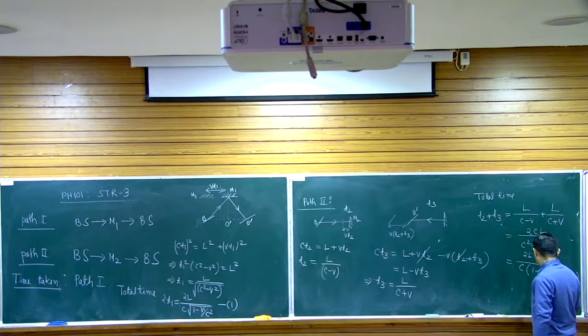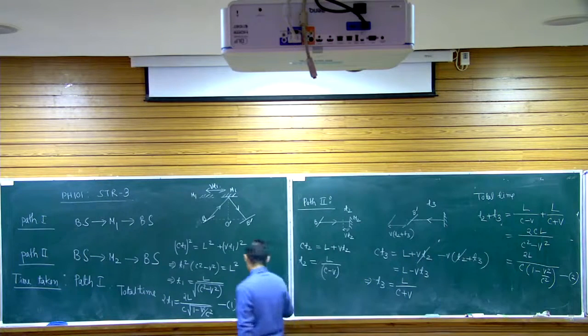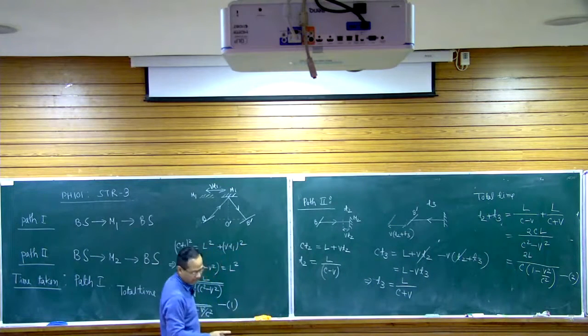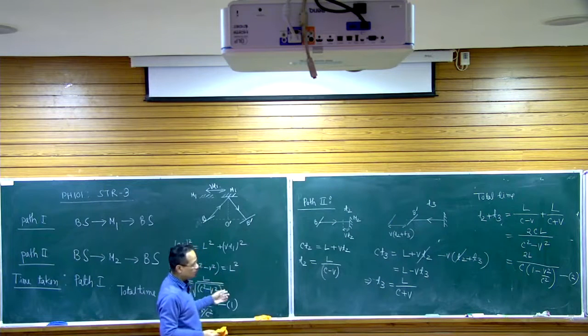If V is non-zero, then 1 and 2 will give different time intervals. But if V is 0, if the frame S prime is at rest with respect to the ether frame, then the two time intervals are the same, but otherwise there will be a time difference.